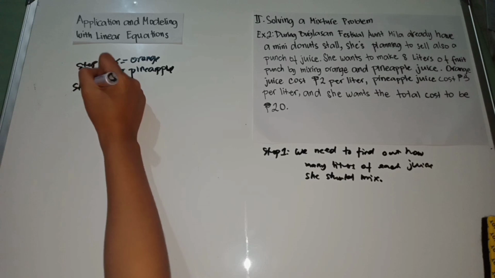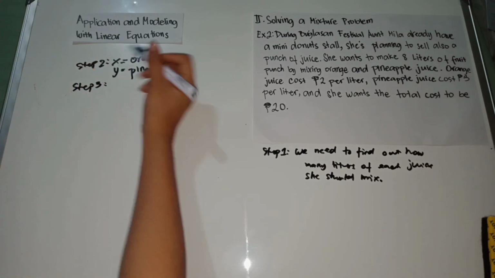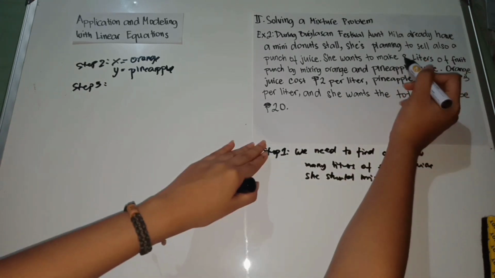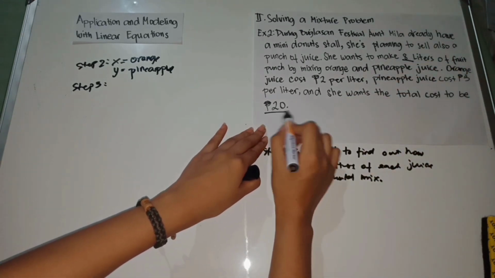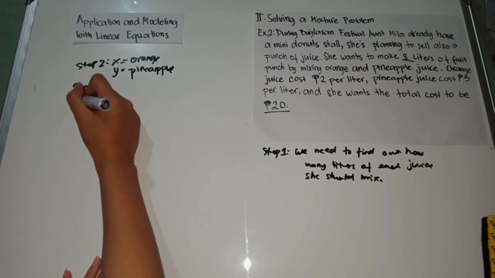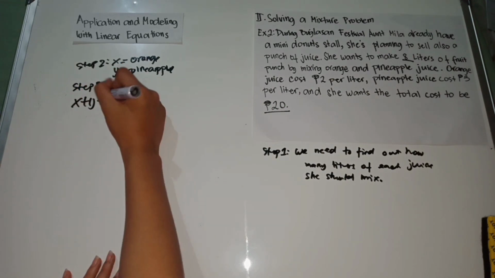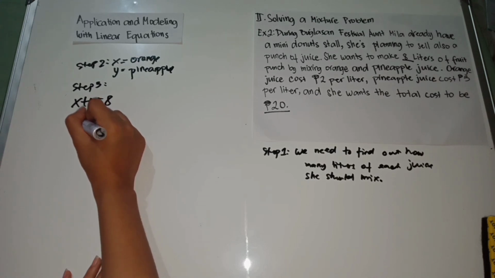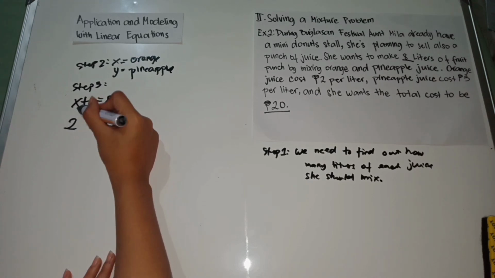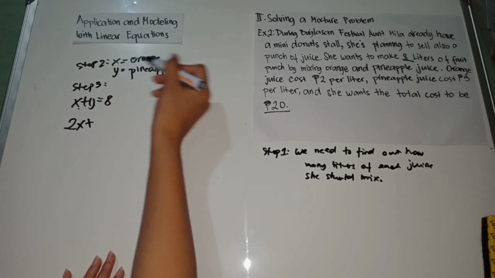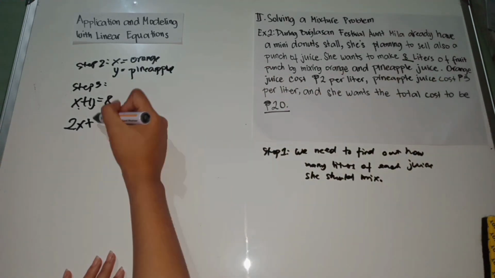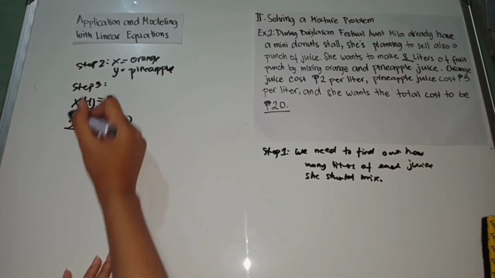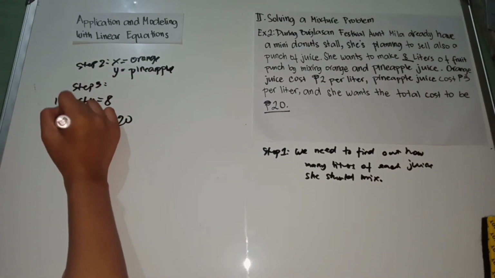For our step 3, our equations, we have two equations for 8 liters and for 20 pesos. For the 8 liters, we have x plus y is equal to 8. And for the 20 pesos, 2x plus 3y is equal to 20. So this is 1 and this is 2.